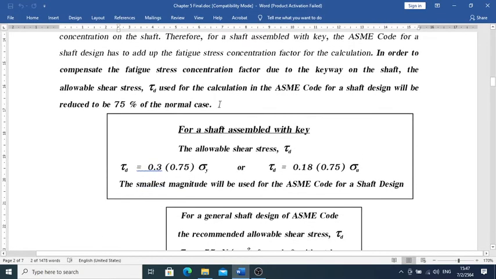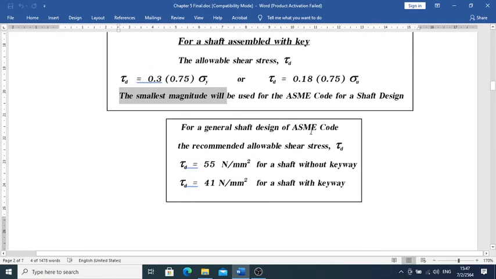For shafts with keys, they realize there is a stress concentration factor and make a reduction of 25%, so they multiply by 0.75 in the corresponding equation, then use the smallest magnitude and apply it in the ASME code.